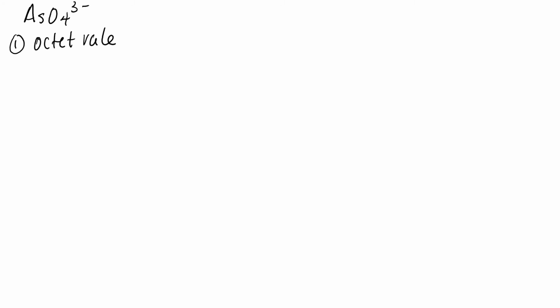And we have arsenic central, of course, and we have the 4 oxygens terminal, making this look symmetrical. And I'm not going through all the steps of drawing the Lewis structure. I'm just going to input all the electrons.